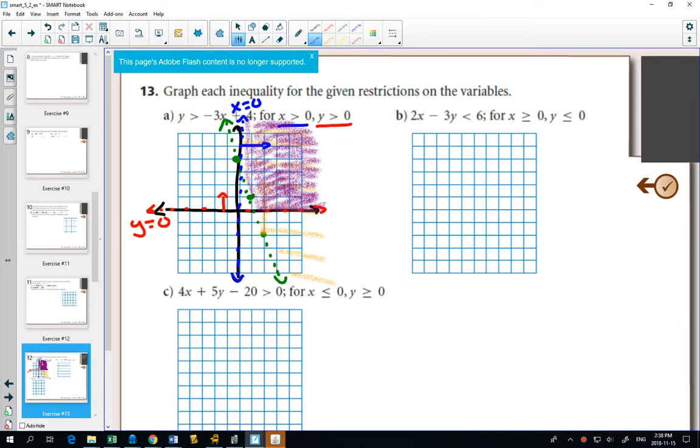It had to be above the green one, and it had to be above the red one. The only part that would shade all three of those sections is that purple section. So in question 13, not only do they get you to graph the line and think about where it would be shaded, but they add some extra values as well.